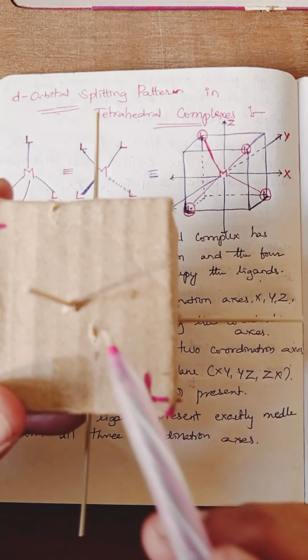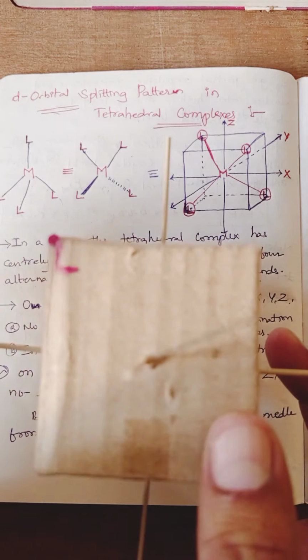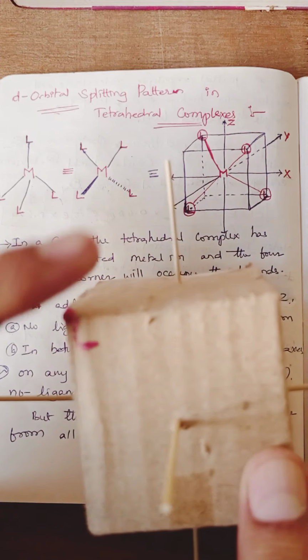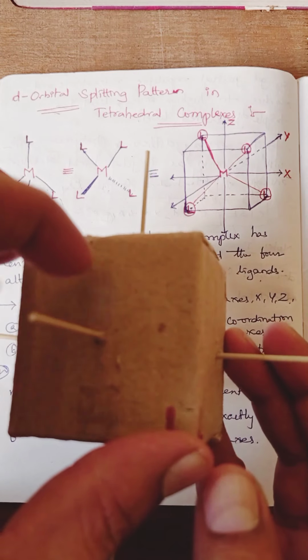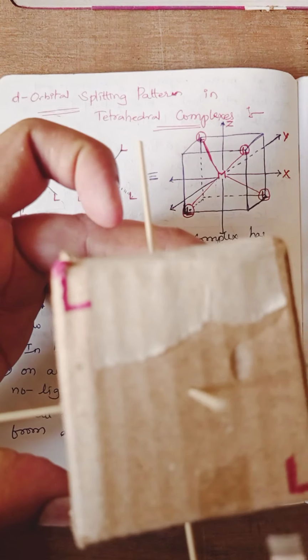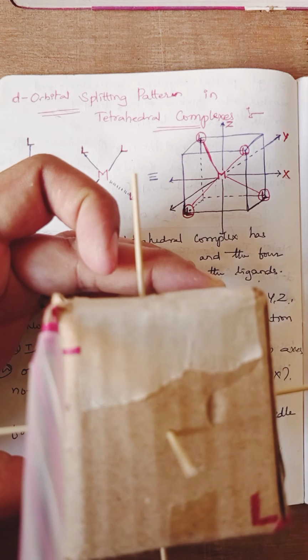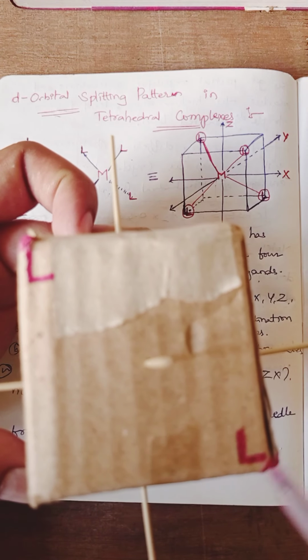This particular ligand is exactly the same distance from all three coordination axes. If you go with this ligand, it is also in the middle of all three coordination axes, right? And even if we go with the next ligands, the bottom ligands, this ligand is also in the middle of all three coordination axes, and this ligand too.